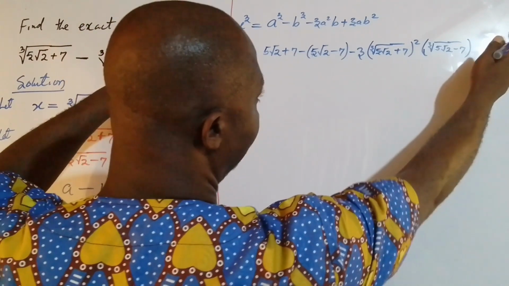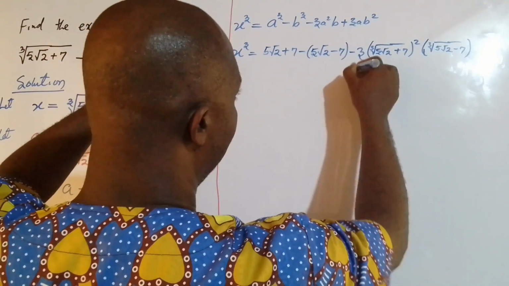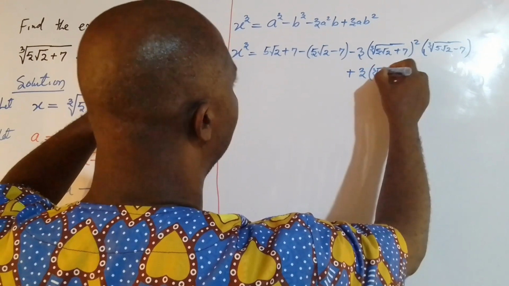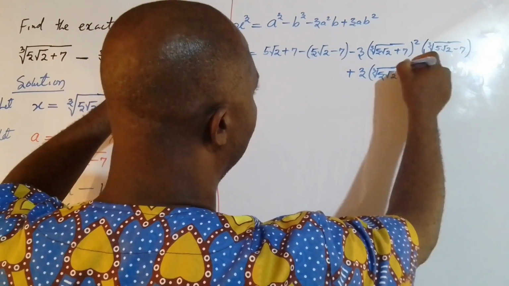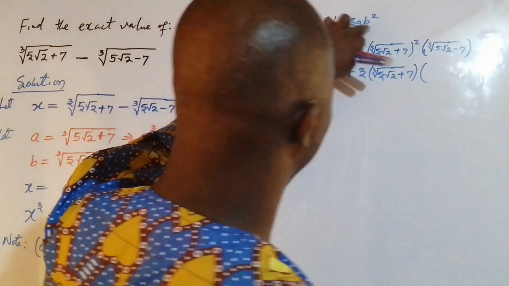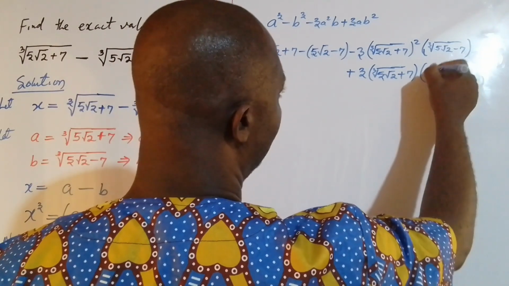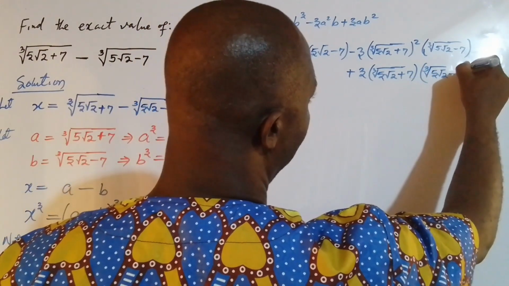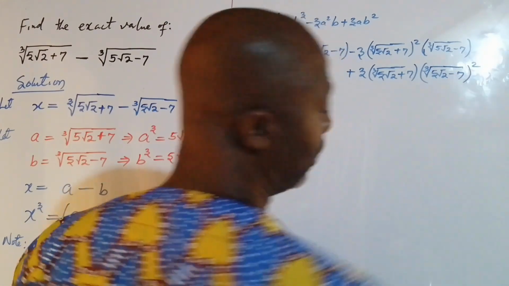Because there is no space, I'm just going to come down here and say plus 3 times cube root of 5 root 2 plus 7, that's for a, times b squared, which is going to be cube root of 5 root 2 minus 7 all squared.